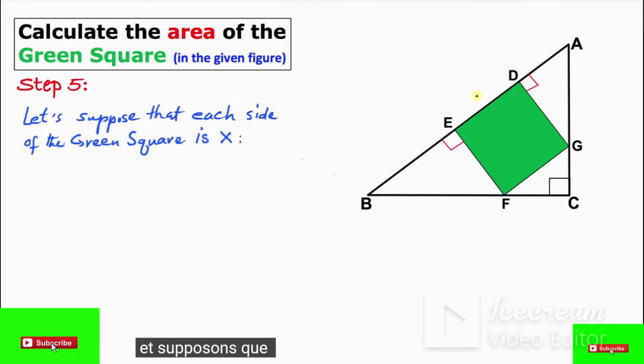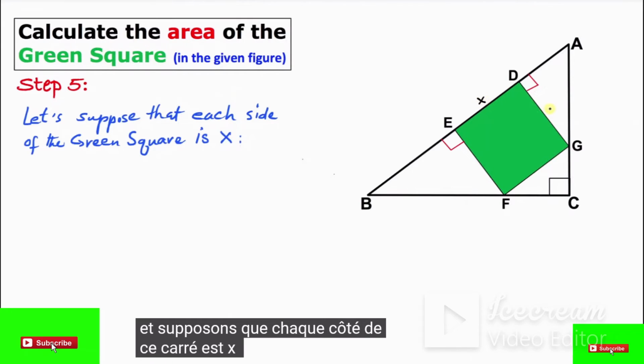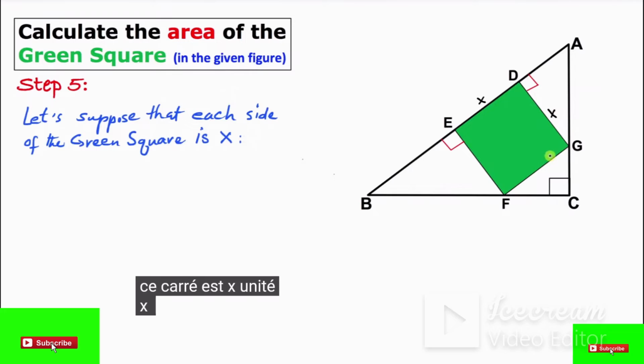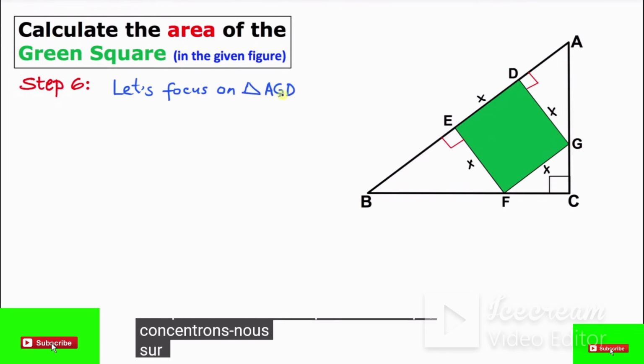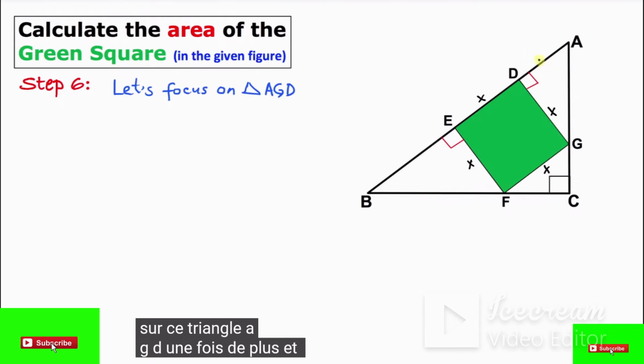And let's assume that each side of this square is x units, x, x. Let's focus on this triangle AGD once again, and we are looking for the value of this side AD.